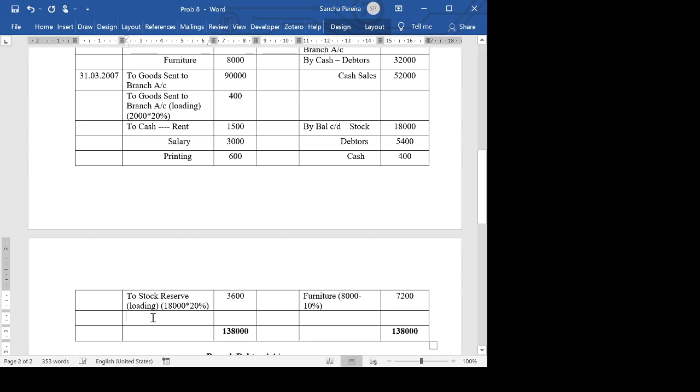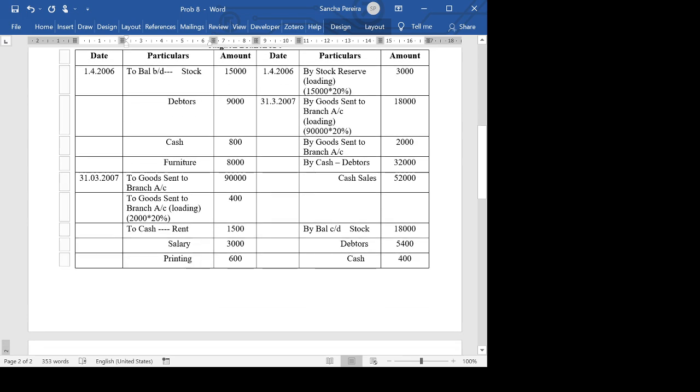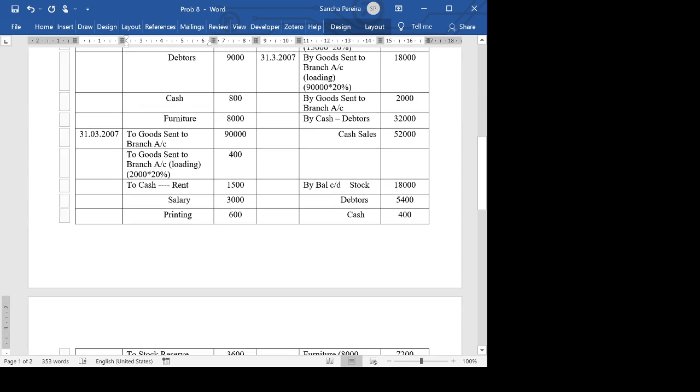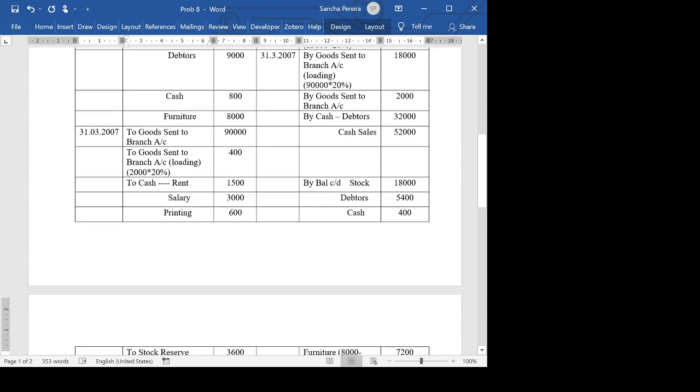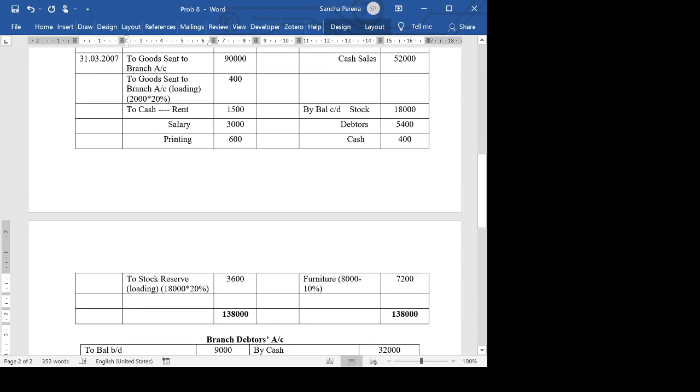And profit is 15 plus 9 is 24, 24,800, profit is 6,100. Yeah, correct. 6,100 is correct. So profit and loss account 6,100.